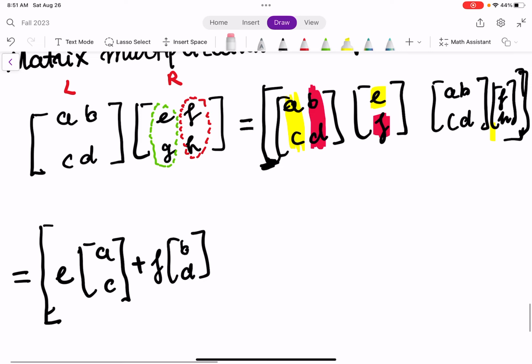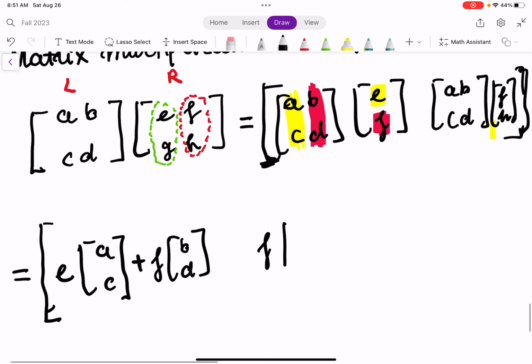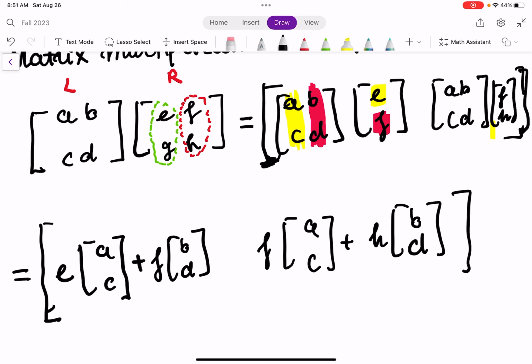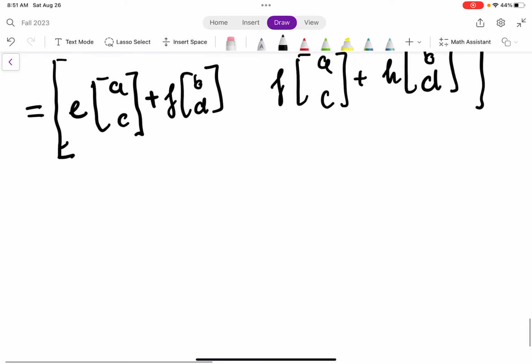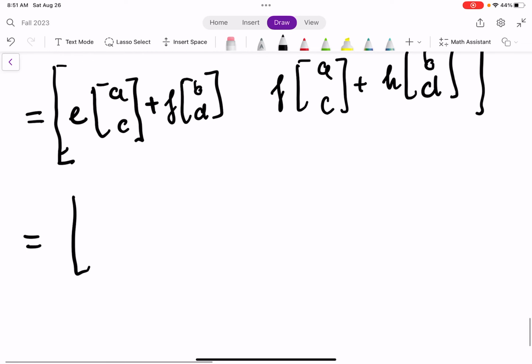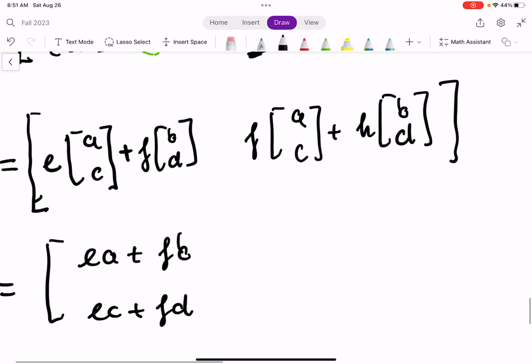Similarly for the second one, you get G times AC plus H times BD. So you get EA plus FB, and EC plus FD. Similarly with this, you get GA plus HB, GC plus HD.